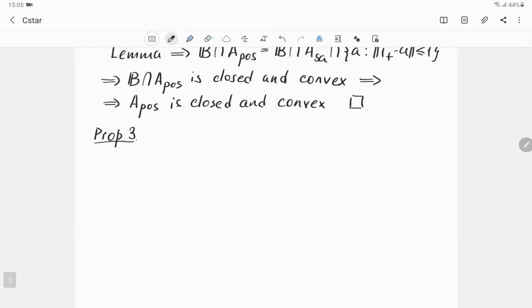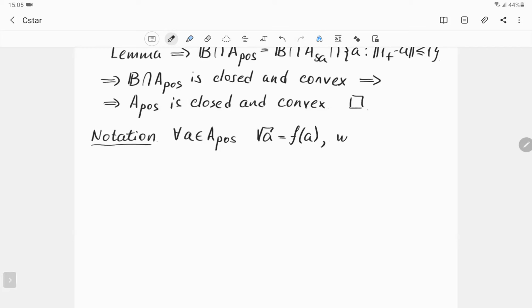Well, before I formulate the proposition, let's introduce some natural notation. For each positive element A in our algebra, we define the square root of A by means of the functional calculus.